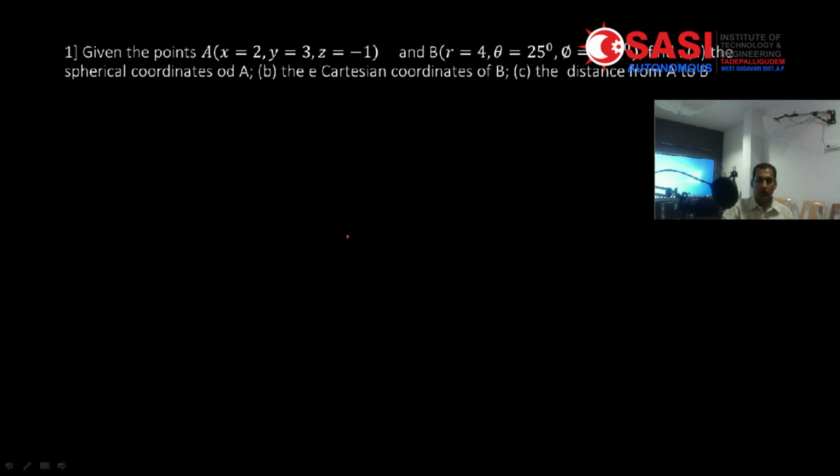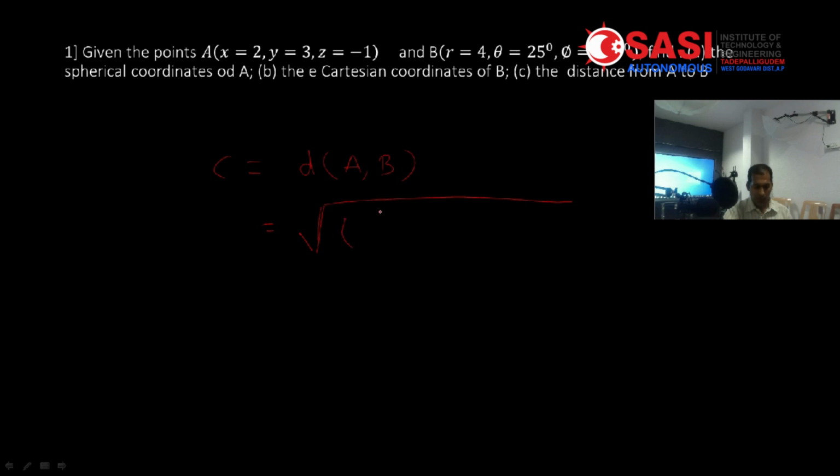Now let us see part C. In part C, we have to find the distance from A to B. For that, we take the coordinates of both A and B and take the square root.